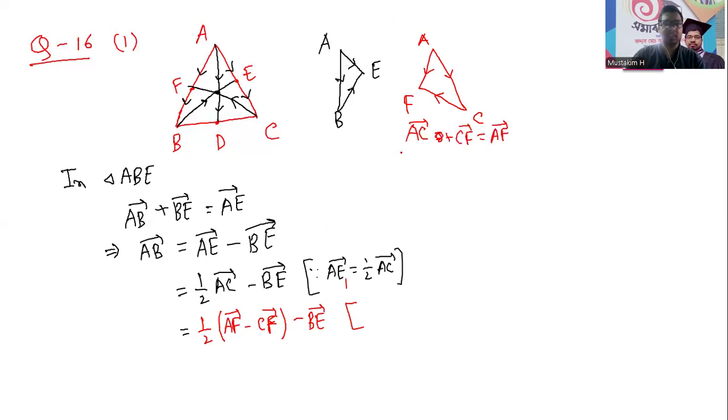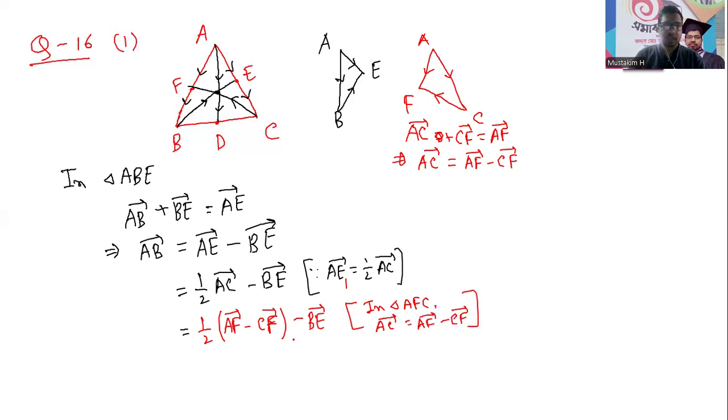And from this, we can write AC vector equal to AF vector minus CF vector. Okay, so you do not need to write this. I am solving this triangle to ensure that in triangle AFC, AC vector equal to AF vector minus CF vector.